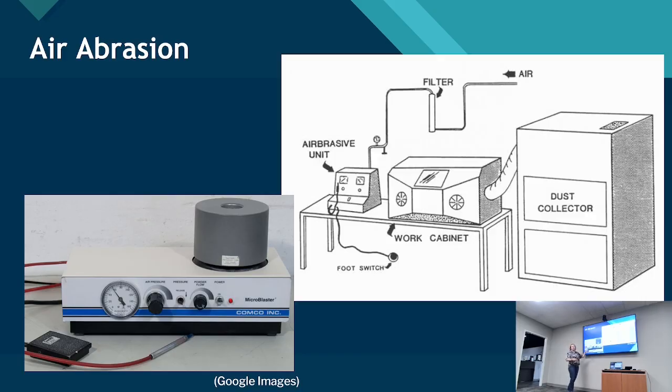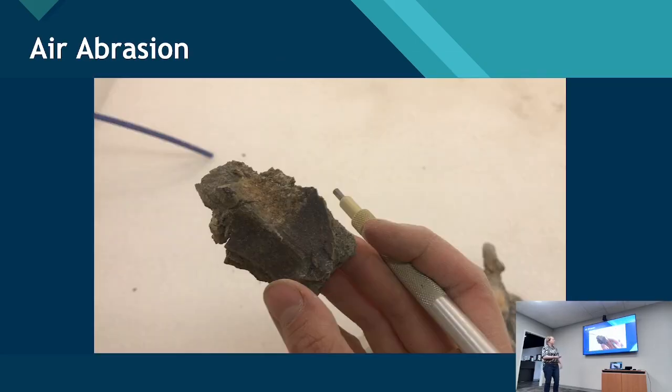I used a Comco a lot when I worked with the Museum of Geology. And then you have a dust collector, so you're not blowing all this stuff all over the place. There are a lot of safety inhalation hazards that go with this. Mainly we do use baking soda. It's not as hard on the fossils as something like actual sand, and it's pretty readily available as an abrasion media. This is a video, and I don't know if I'll be able to get it, but I wanted to show you guys what this actually looks like.